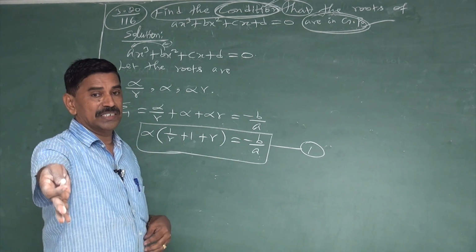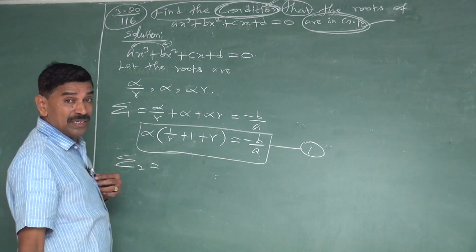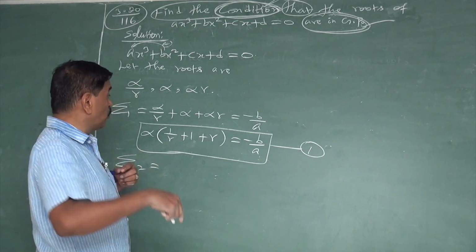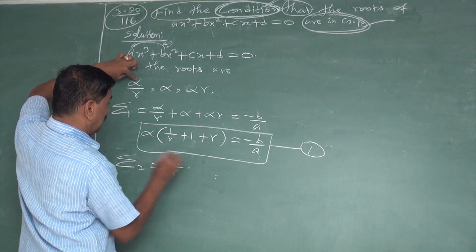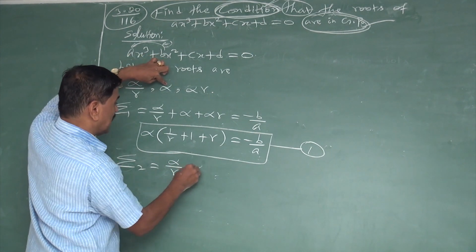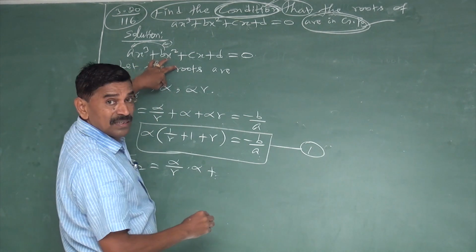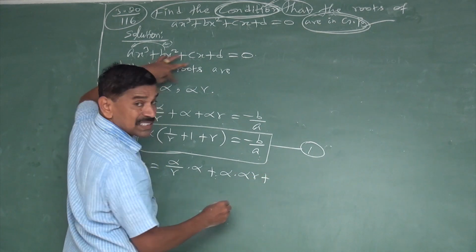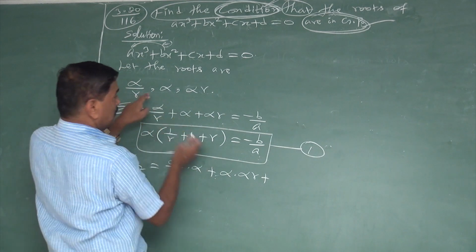Can you tell me what the next step is? Good, sigma 2. Sigma 2 is the sum of the products of the roots taken two at a time, in cyclic order: alpha by r into alpha, plus alpha into alpha r, plus alpha r into alpha by r.